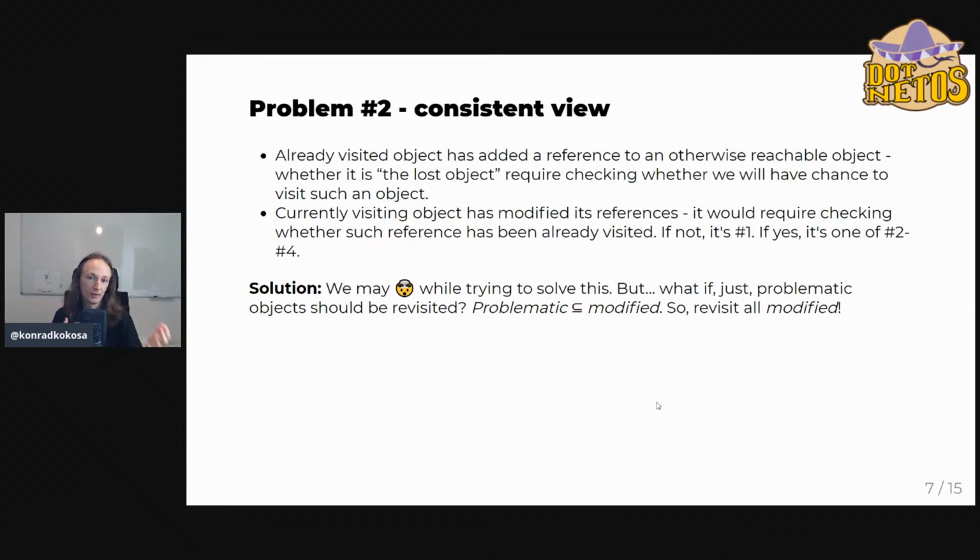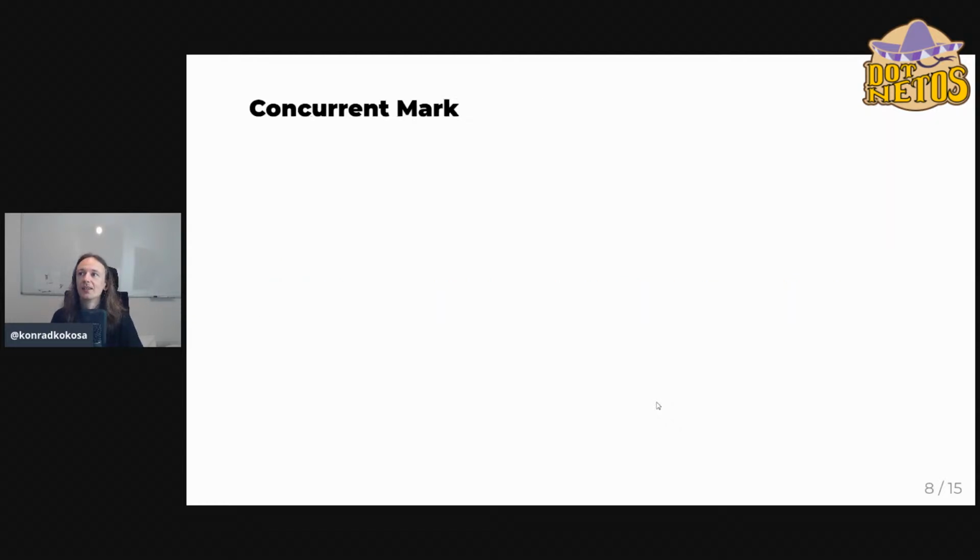So while the object graph is being traversed and references are being changed, we need to track all the modifications that happen, and in the end we need to revisit all objects that have been modified during our traversal. Sounds pretty easy in the end.